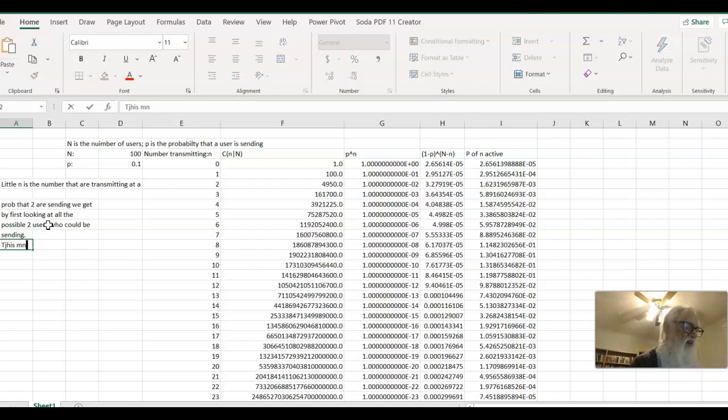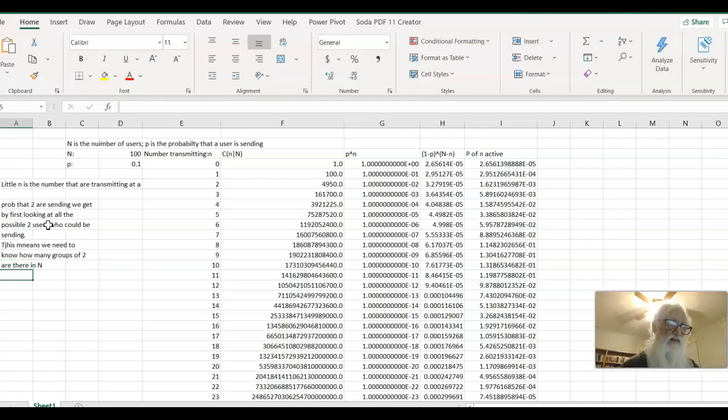This means we need to know how many groups of 2 are there in capital N. That's what we're after. So how do we do that? Let's see. That's what's known as a combination. This is C N 2.